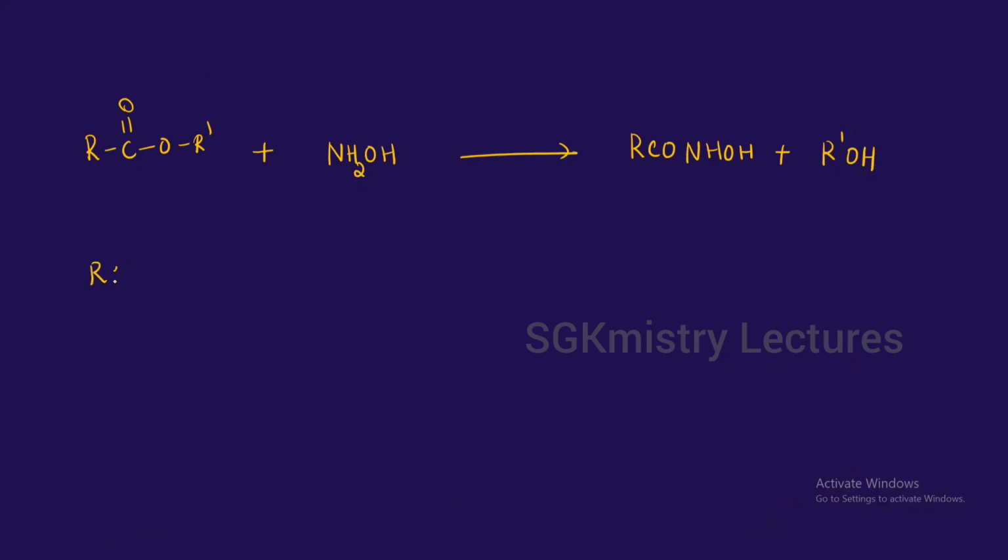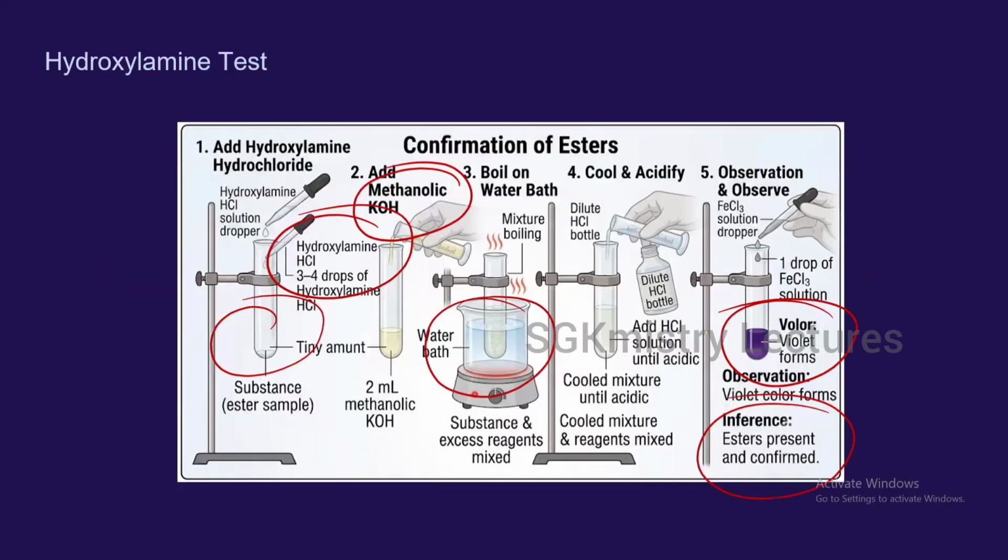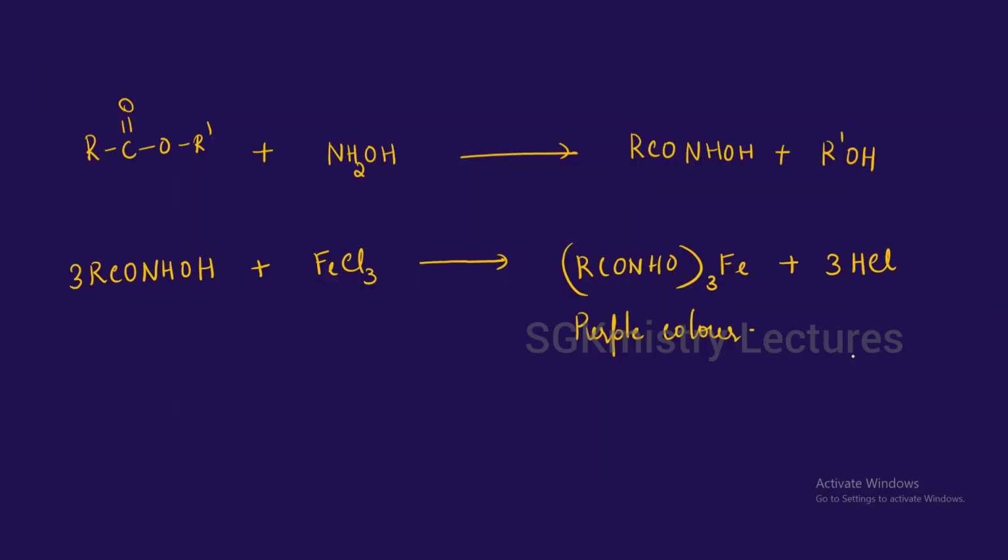Now, this RCONHOH, in the presence of ferric chloride, you're going to get (RCONHO)3Fe. Along with that, you're also going to get HCl. So let us balance the equation. Here 3 and 3. Right. So the compound that you get is purple in color, and this is responsible for the formation of the violet color that is observed in this particular reaction.